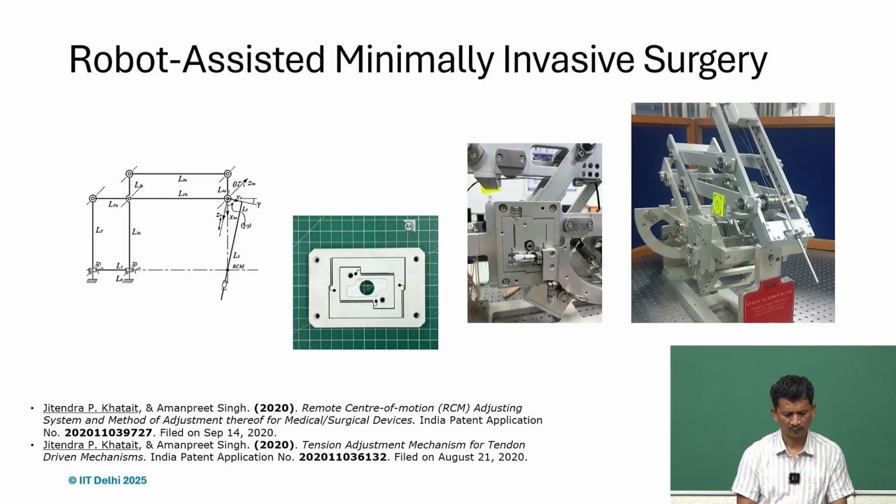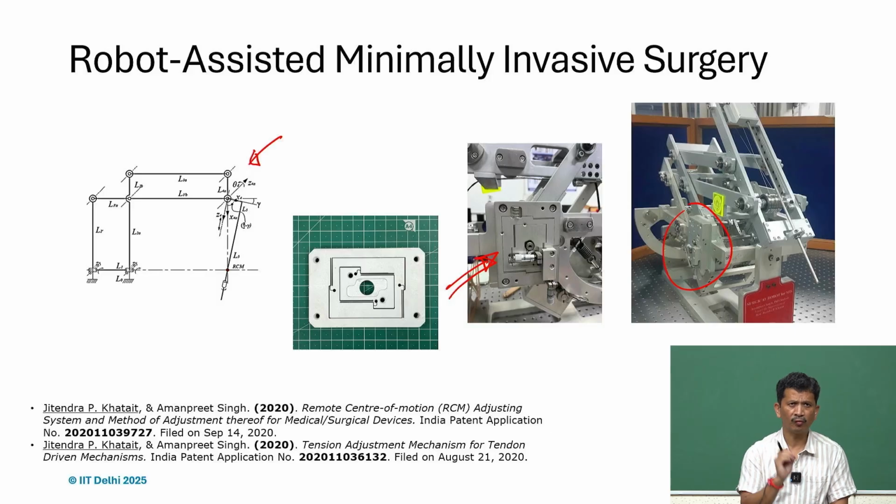So again, this is the concept, and in order to adjust that, what we try to do is, you see here, this is the compliant part, the compliant mechanisms we introduced.